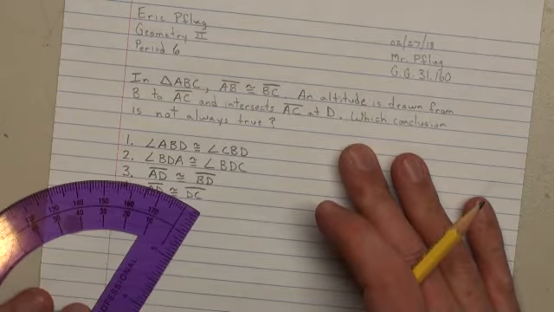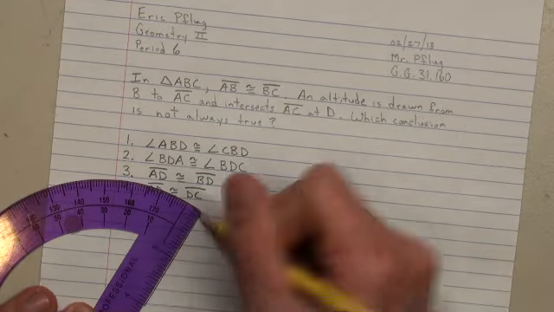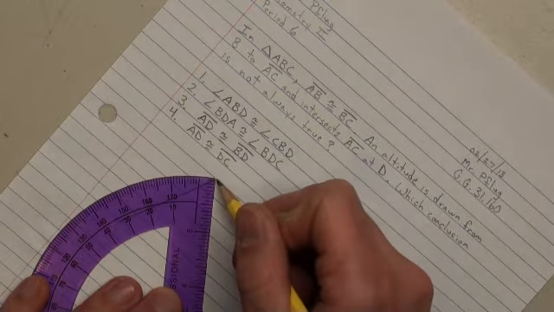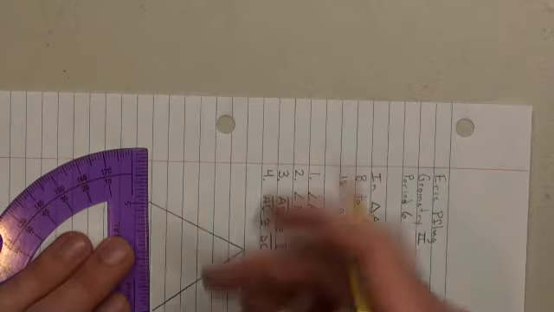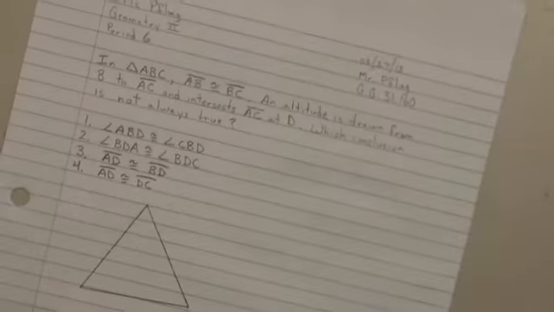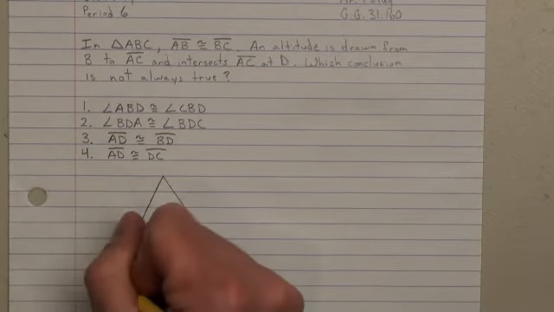I'm going to draw a basic picture of a triangle. I'm going to make each side, I don't know, about 2 inches, so it's not too big. Okay, and this is ABC.